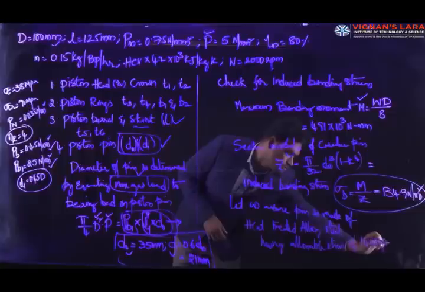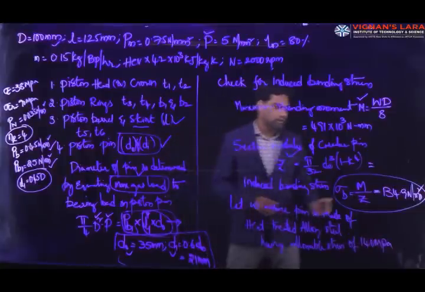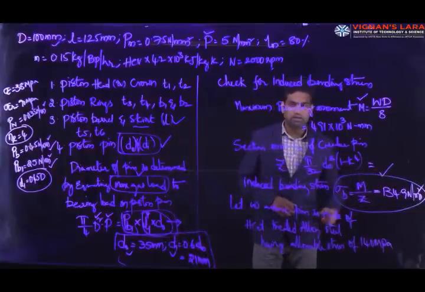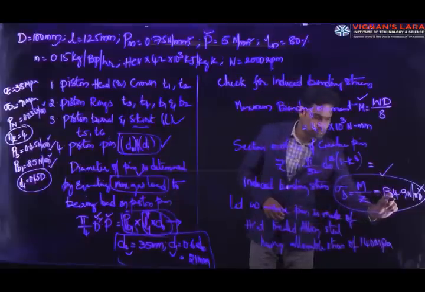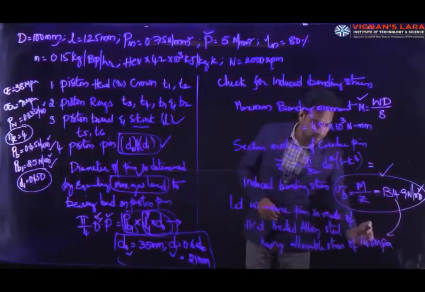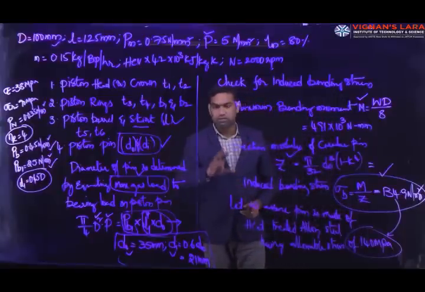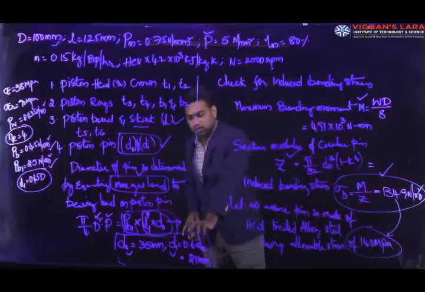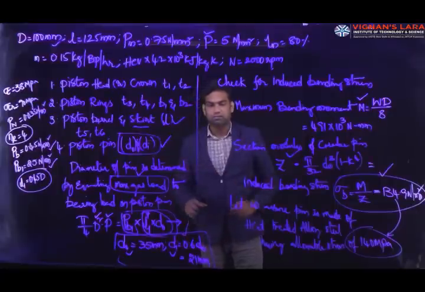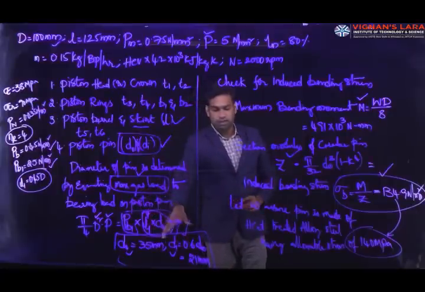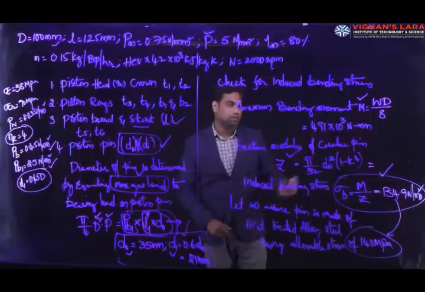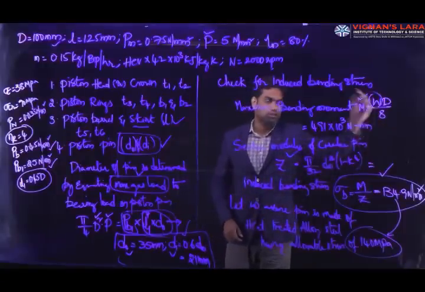140 megapascal. So here, after finding out the induced bending stress in the pin, this induced bending stress should always be less than the allowable stress value. Then only the dimensions we determined by equating the gas load to the bearing load are going to withstand the application of the load, that is the W. Clear?